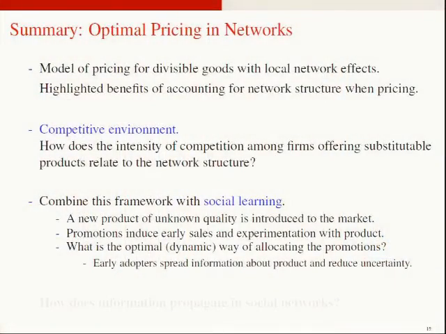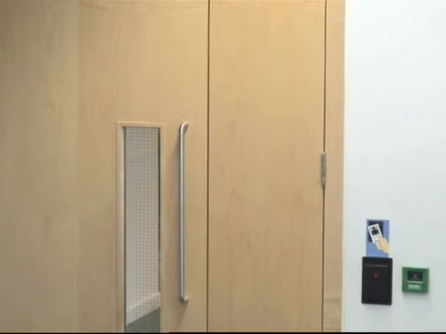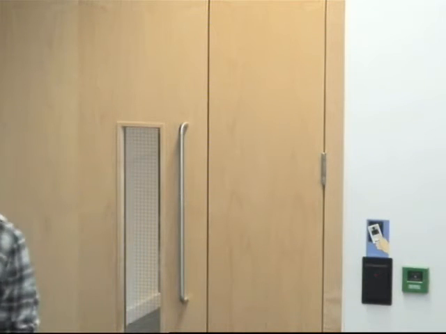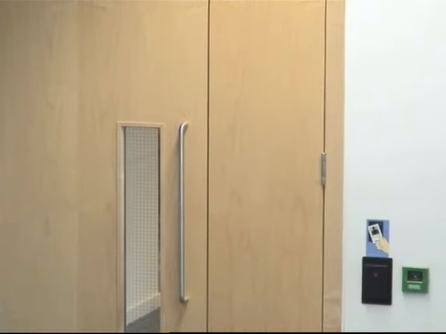And another interesting direction is combining this framework with social learning. What do I mean by that? Suppose that a new product is introduced in the market, and the product has unknown quality. The only way that a consumer learns about the quality of the new product is by experimenting with it, by buying and experiencing the product.